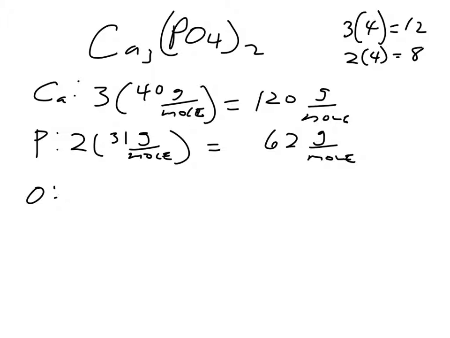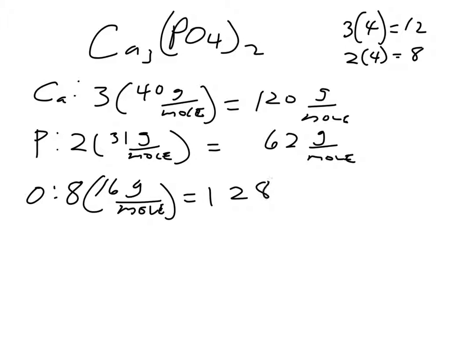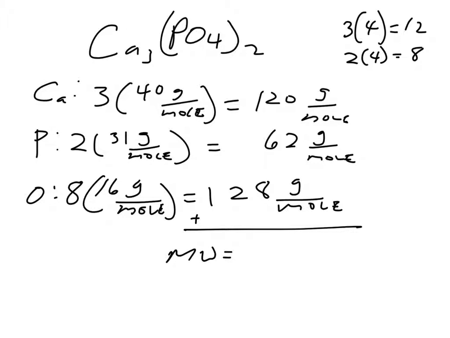So we're going to have 8 oxygens times 16 grams per mole to give us 128 grams per mole. We add all this up and we're going to get the molar mass equal to 310 grams per mole.